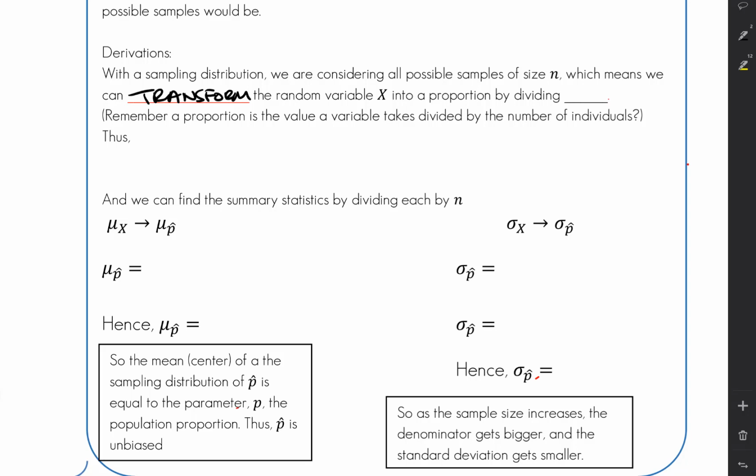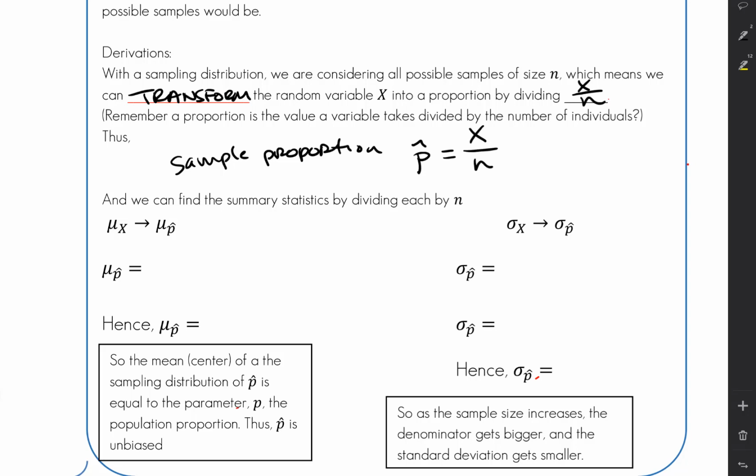We can transform the random variable x into a proportion by dividing x by n. Remember, a proportion is just simply the value of a variable that is taken divided by the number of individuals, n, in our sample. So that means we have a sample proportion, and the notation we use is p hat, and that is going to equal x divided by n.